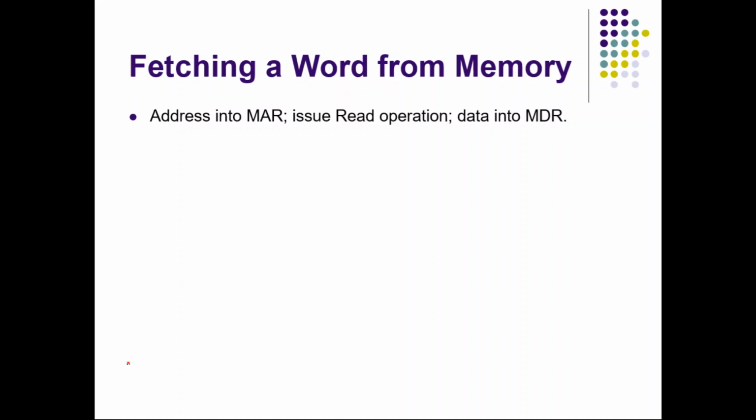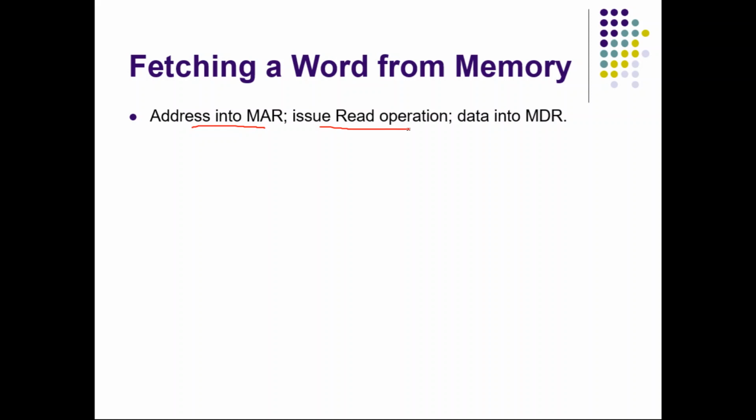If you want to read something from the memory, how is it done? Whichever memory location from which you want to read the data or the instruction or whatever it may be, that should be available in MAR, the memory address register. Then issue the read operation.